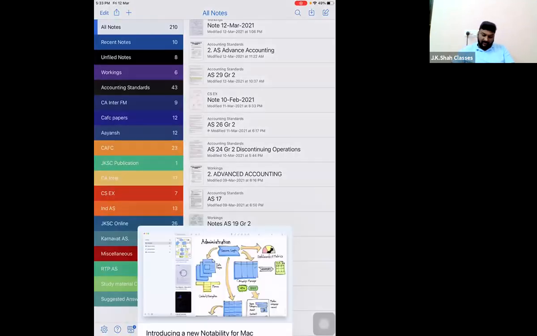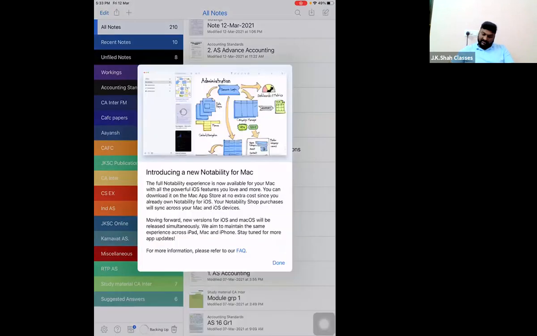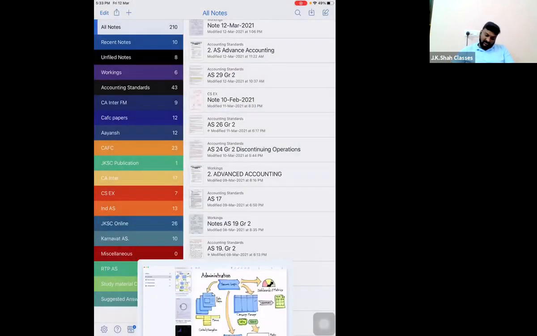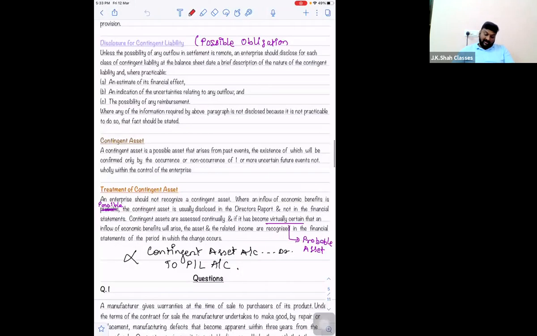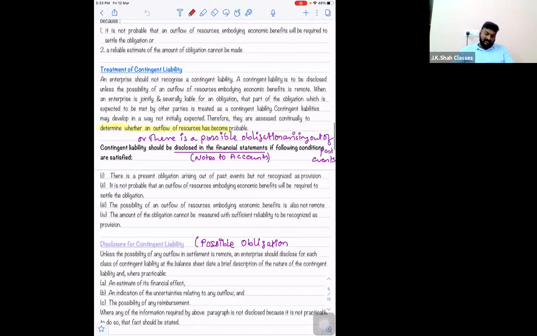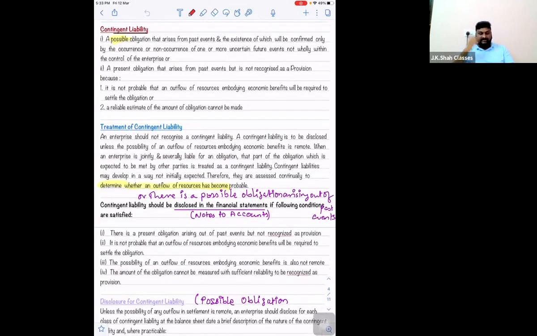Now yesterday, sir, we learned provisions, correct? When we were doing provisions, one point to be noted is that all provisions are liabilities, right? So what is the logic of liability?